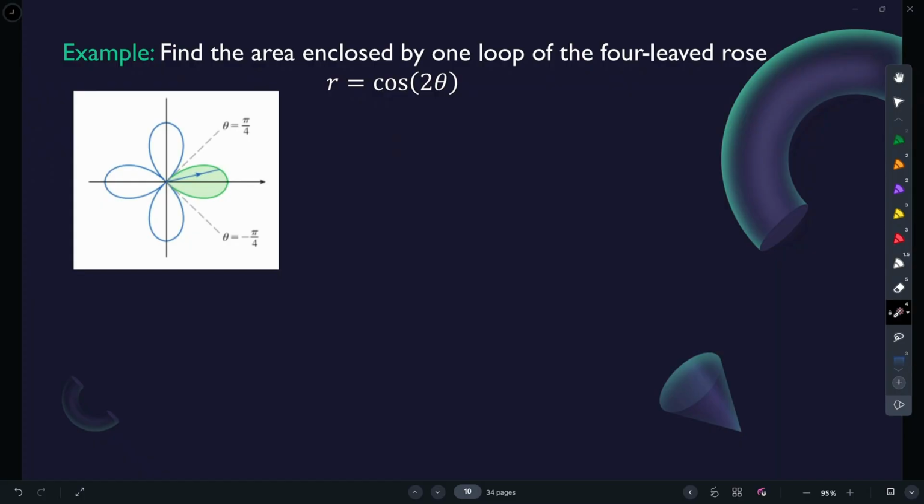So for example, this four-leaved clover or rose, this graph, is defined in polar coordinates very nicely by simply r is equal to cosine 2 theta. So I want to find the area. And how do we find areas? Remember that this is my region R. First let's describe the region, and then we'll figure out what integral I'm trying to do.